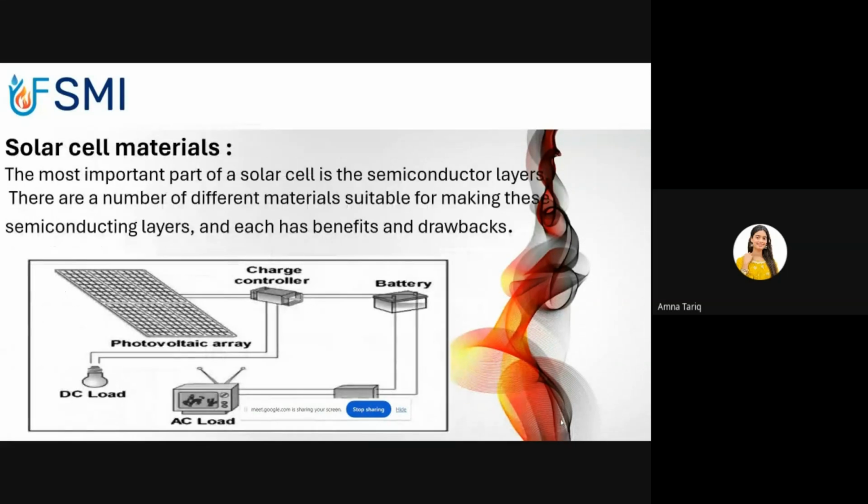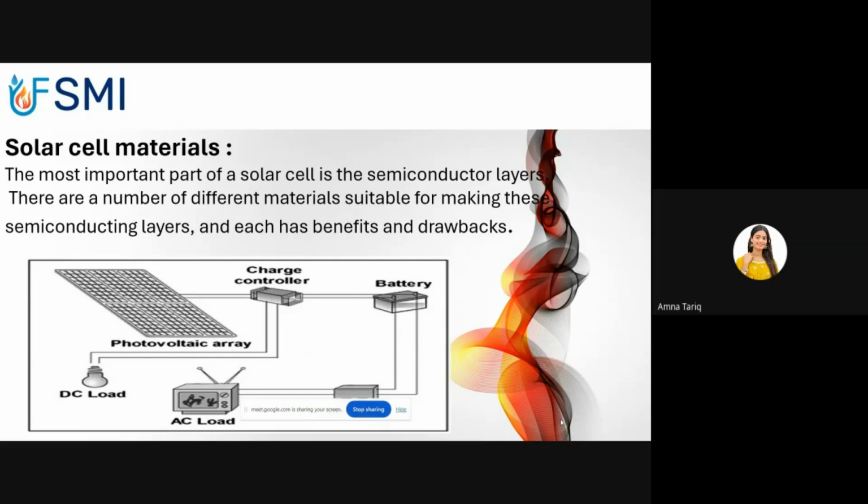And then next is the solar cell material. The material is very important for solar systems. The most important part of the construction of solar energy systems is the solar cell material.